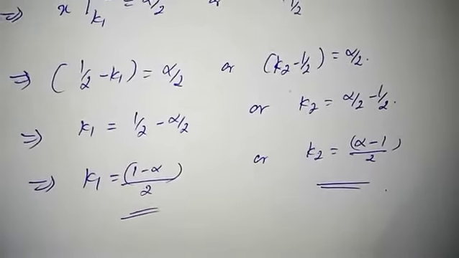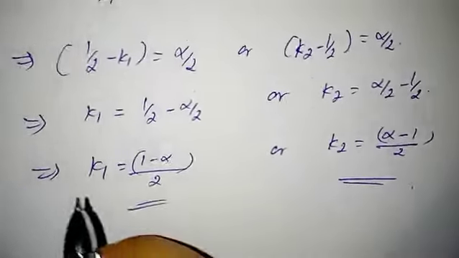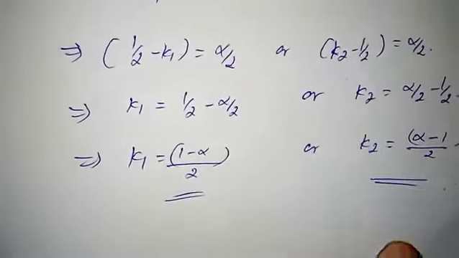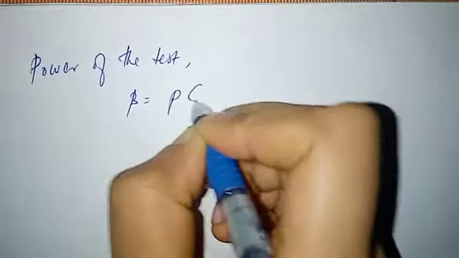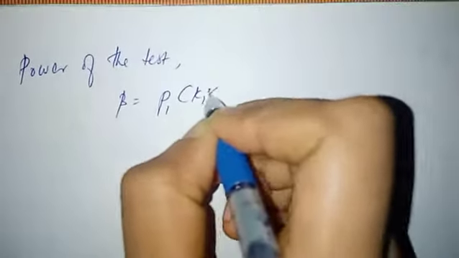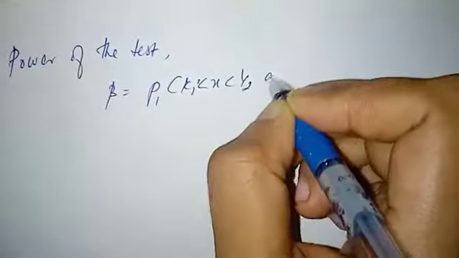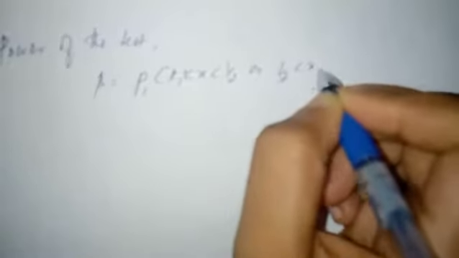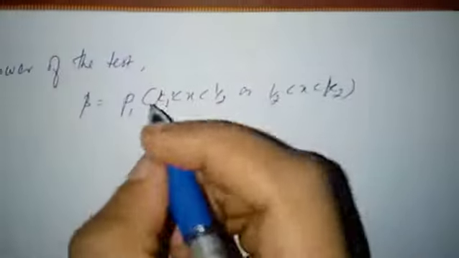Okay, next we have to find out what is the power of the test, right? Power of the test beta equal to probability under h1 of k1 less than x less than 1 by 2, or 1 by 2 less than x less than k2, right?